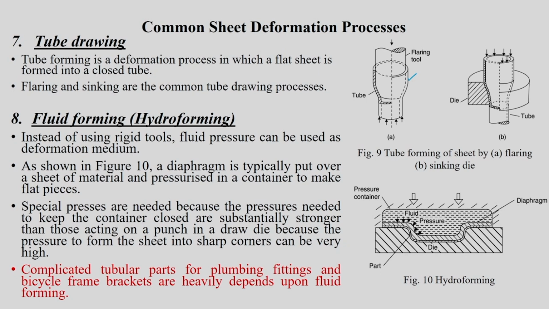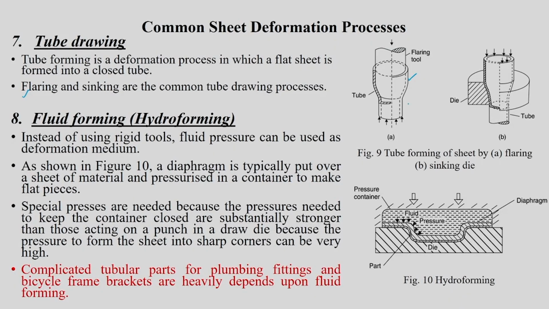Those tubes can be deformed on their edges or somewhere in the middle to make certain components or shapes. For example, flaring. Flaring is one way of making some shape change to the material. Tube sinking is possible, tube reduction is possible, like what we have in water cans, no? At one end the diameter is reducing, right. So that can be made by your tube reduction.